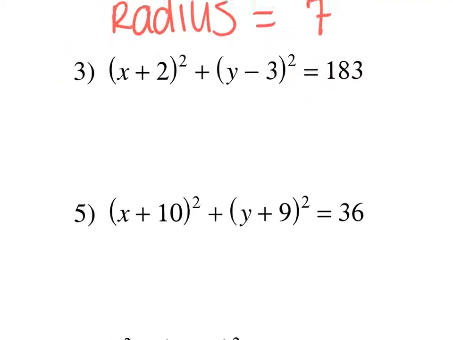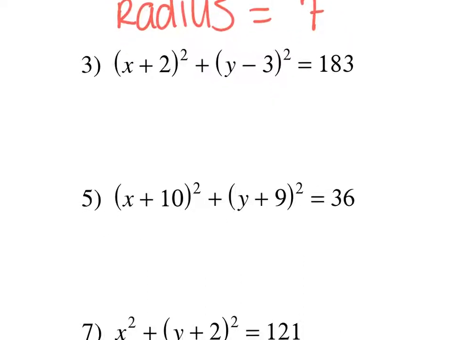Moving down to problem number 3, I have x plus 2 squared plus y minus 3 squared equals 183. So this looks a lot like my x minus h squared plus y minus k squared equals r squared. For my x coordinate, remember when it is a plus, it's really the opposite of the sign in front of it.